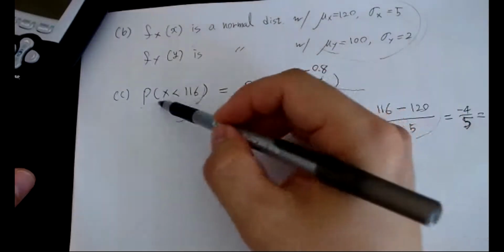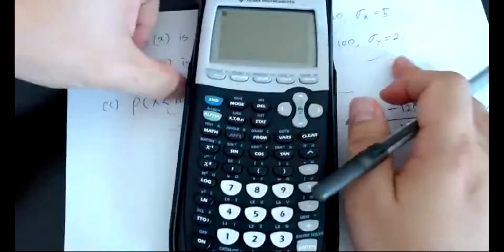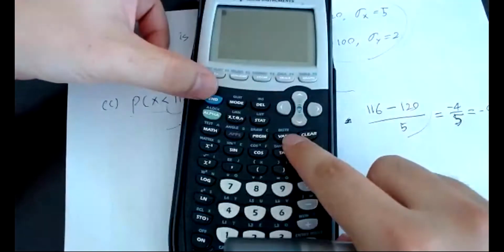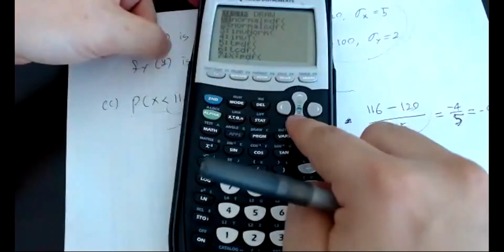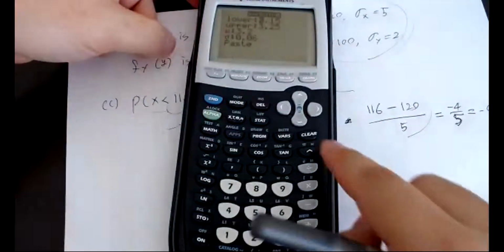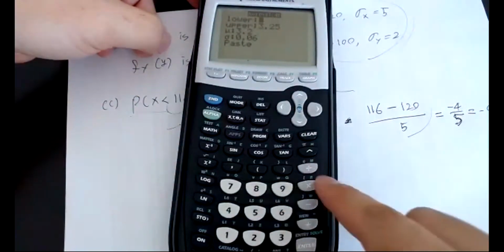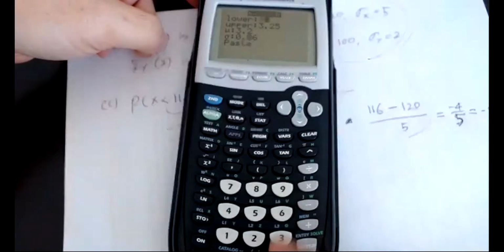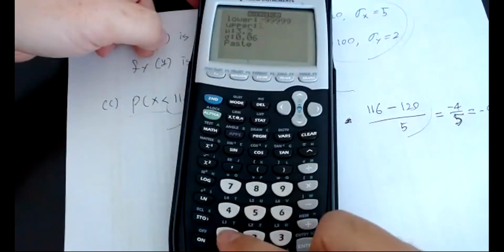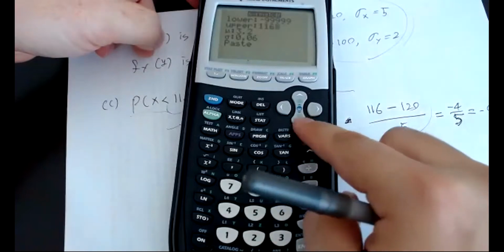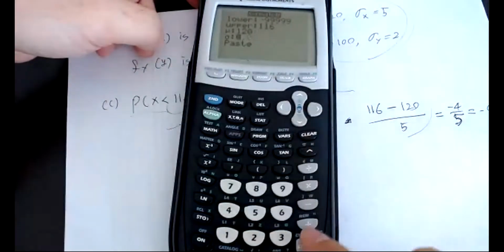You don't have to transform it. Remember, go to the distribution menu, and then normal, we use normal CDF, right? So lower is negative 99999, upper is 116, and then mu 120, sigma 5.